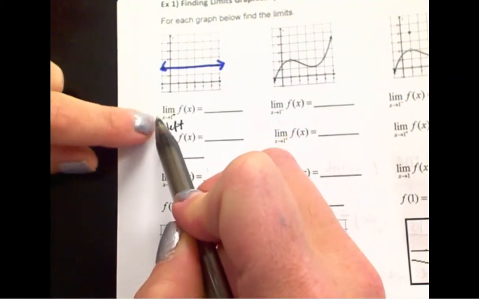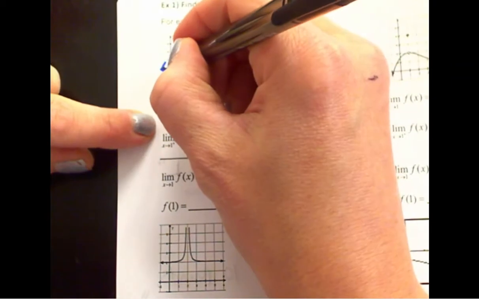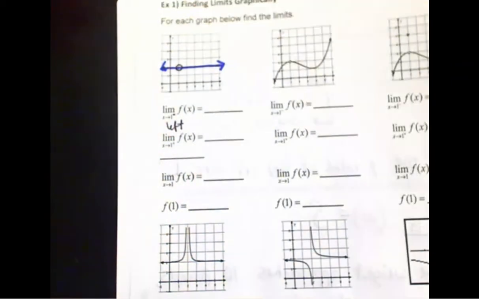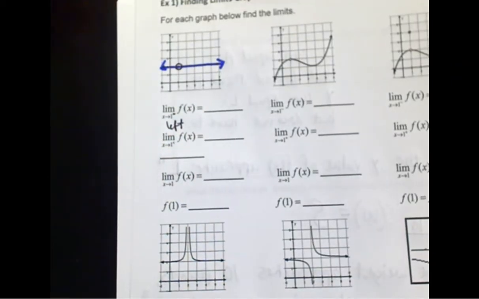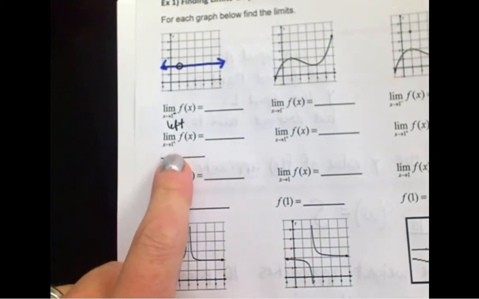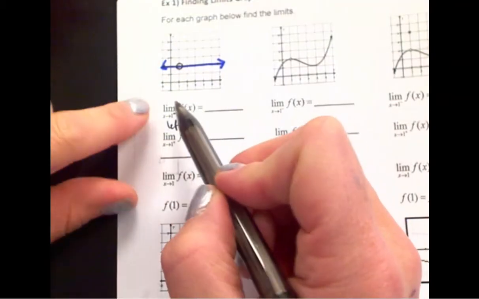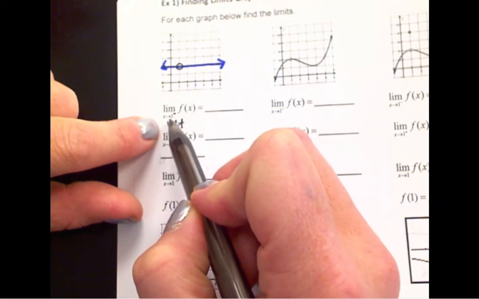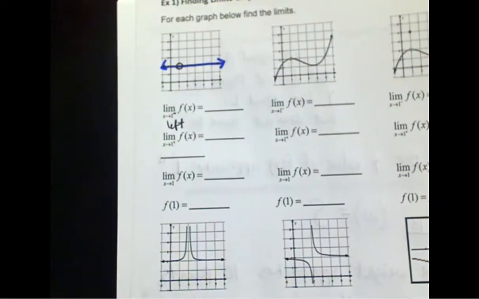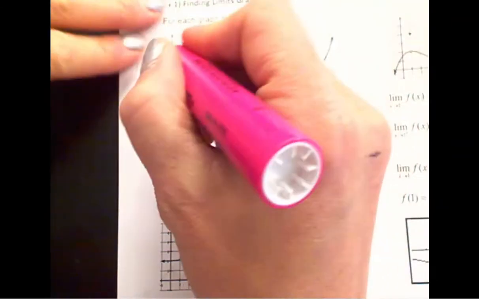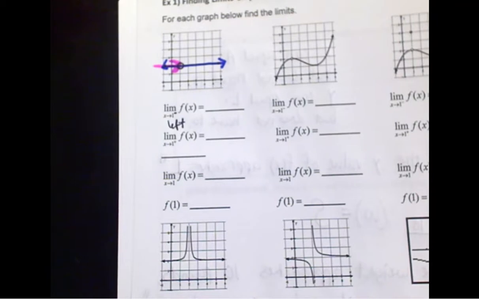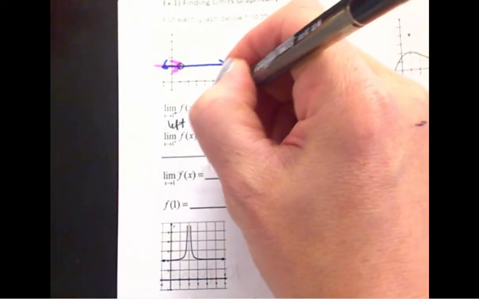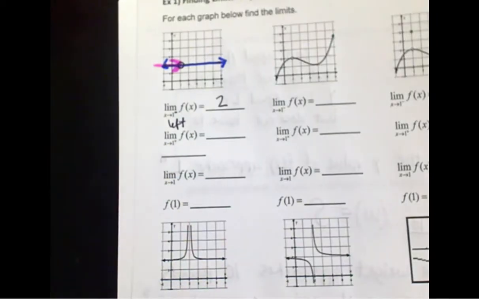The limit as x approaches 1. So I'm just going to put a dot on the graph at 1, because that's the spot on the graph I'm looking at. The limit as x approaches 1 from the left. Okay? So from the left looks like this. What's the y value that it's pointing at? 2. Okay?